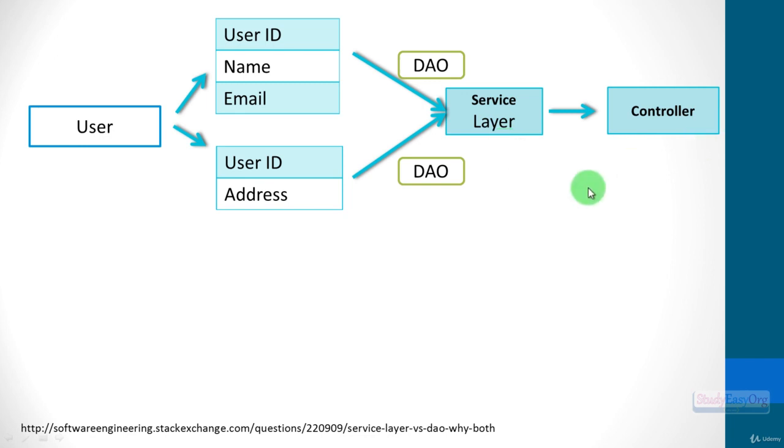So this is something which would be done in the service layer, where a certain level of business logic would be implemented on the data which is provided by DAO.